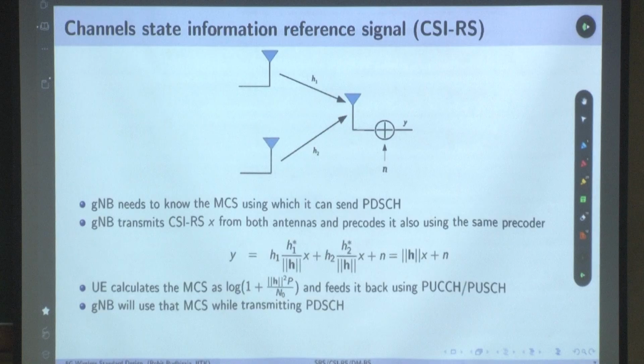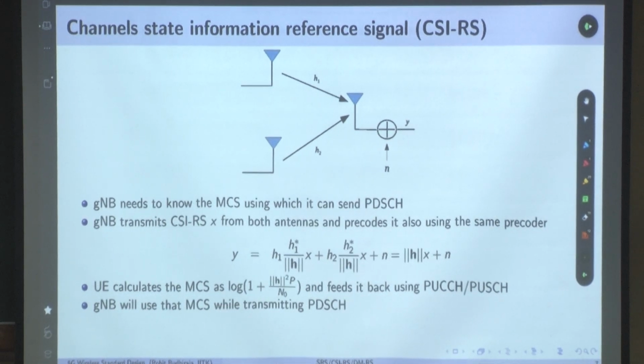You see the problem: before it could even start thinking of transmitting the PDSCH to the user, it needed to know the channel so that it can precode that information, and which channel? The downlink channel. And it needed to know the MCS.